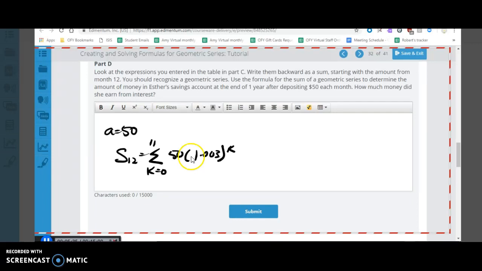So now, if we plug this into the formula, we are going to get 50 times 1 minus 1.003 to the power of 12 up here, over 1 minus 1.003. Now that's a formula in your tutorial, and once you solve that, you will get your answer.